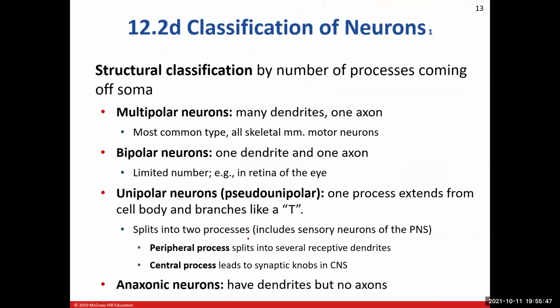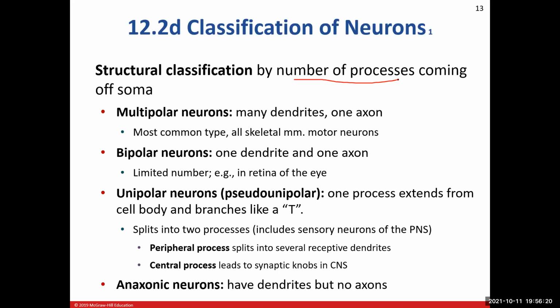Okay, so now let's talk about some new information here and how we classify our neurons. How we classify the neurons structurally is dependent upon the number of processes that are coming off of the cell body. Here you can see we have multipolar neurons, bipolar neurons, unipolar neurons, and anaxonic neurons.